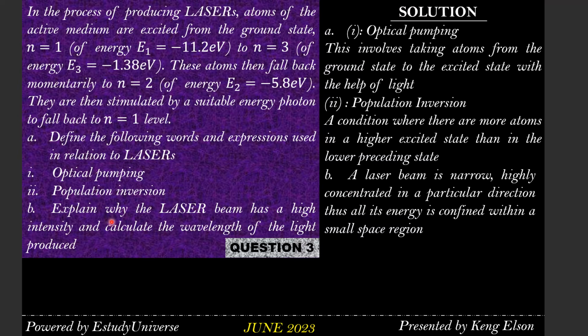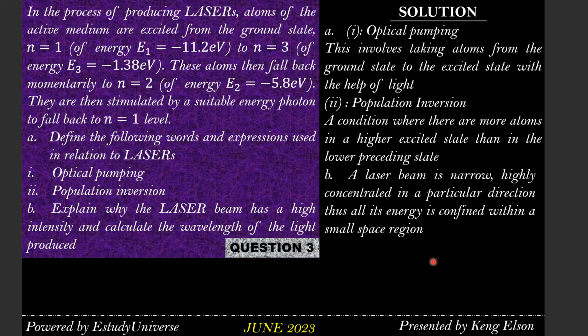So now, why is it that the laser beam has a high intensity? Basically, a laser beam is narrow, it is highly concentrated in a particular direction, so all the energy is confined within one small space. Those of you who watch action movies usually see a gun with a red light, and if that red light passes through a certain surface, the surface divides.